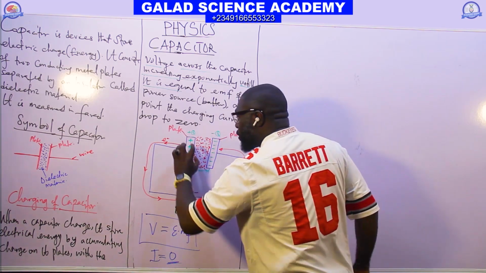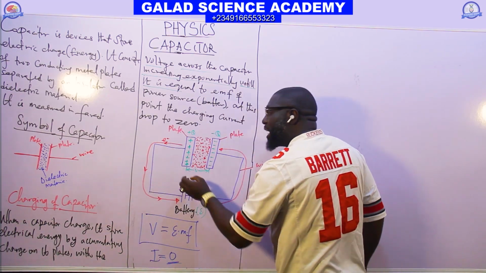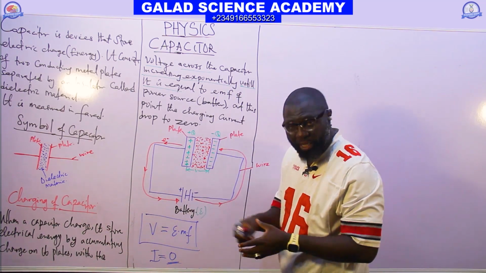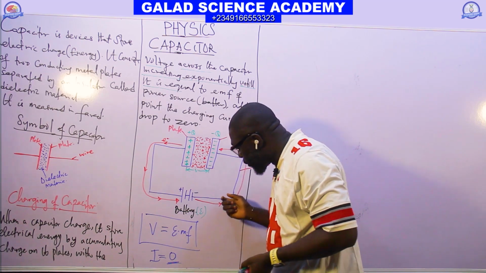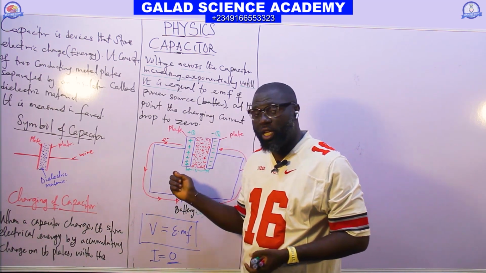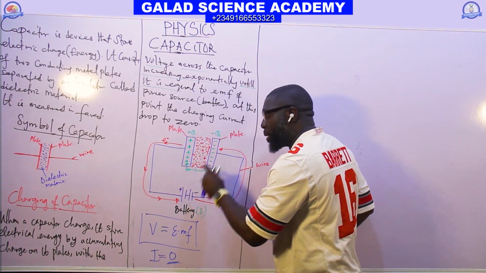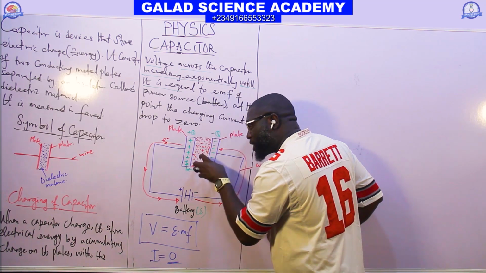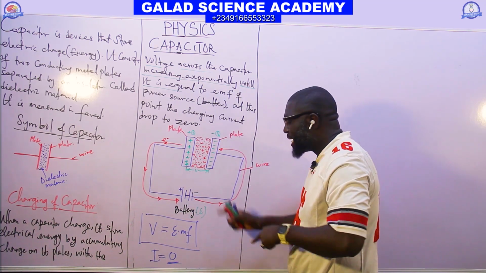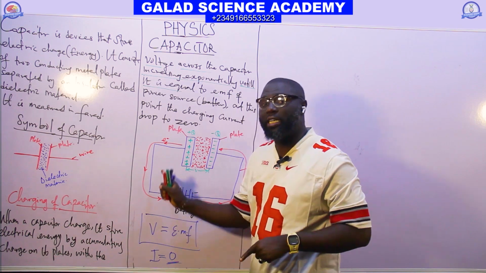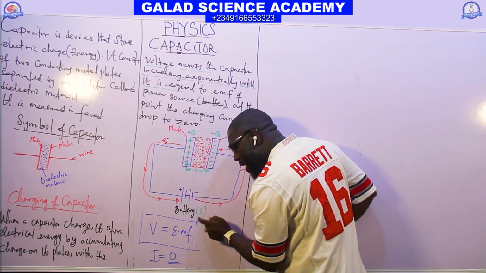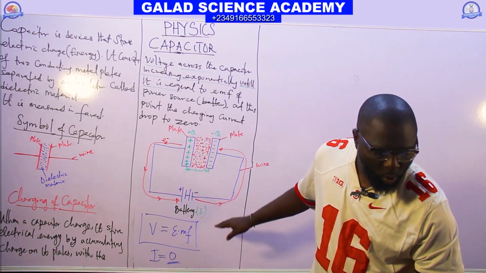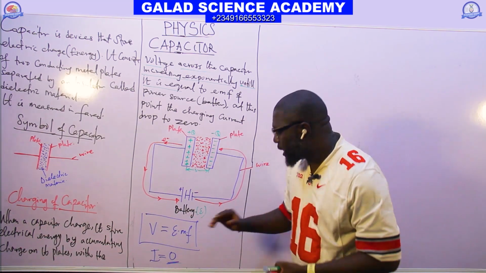As the electrons move from the plate to the battery, the plate will accumulate a positive charge, and the current will keep flowing in the circuit. The potential difference between the plates of the capacitor will increase, and the current in the circuit will decrease.